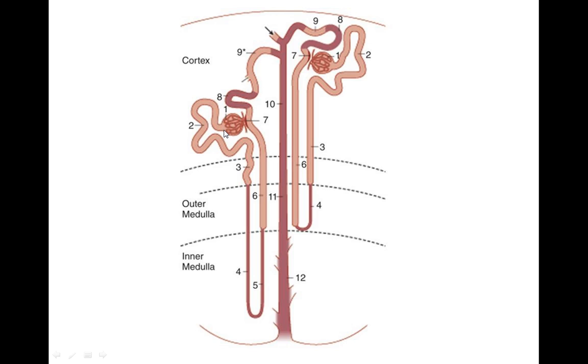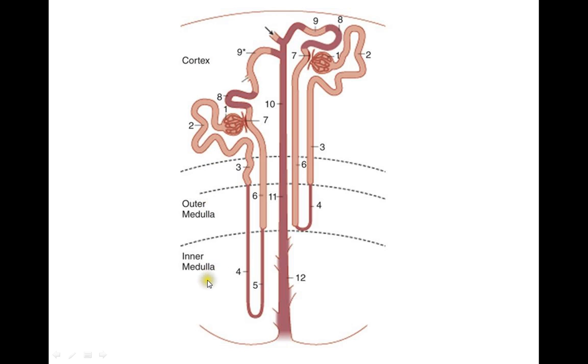What is the difference? The glomerulus here is located more superficially. It is in the outer layer of cortex. But here the glomerulus is located in deeper parts of cortex, and it is near to medulla.